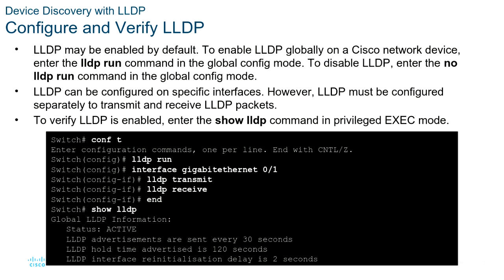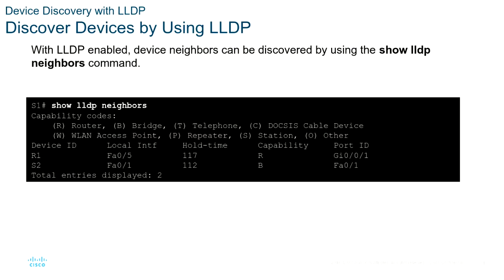So we can type show lldp, and it'll show some information about this. Notice the similarity of this report to the show CDP neighbors we saw earlier and the show LLDP neighbors we're seeing now. The same sort of thing is being shown here. In this case, we've got a switch, S1, connected to a router and to another switch.